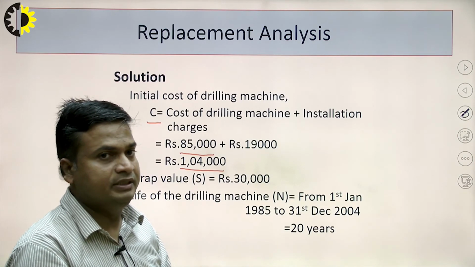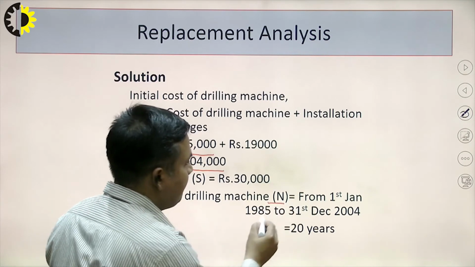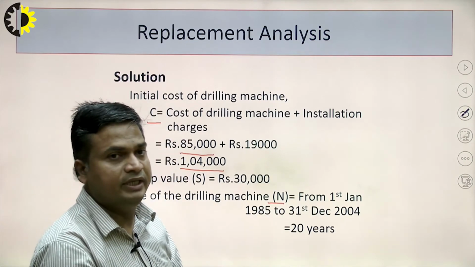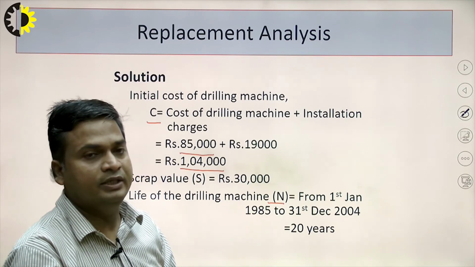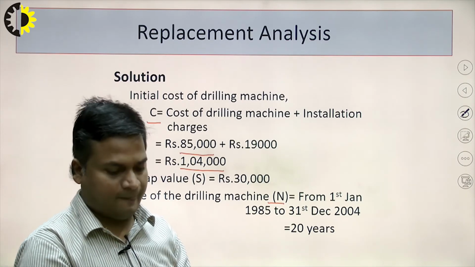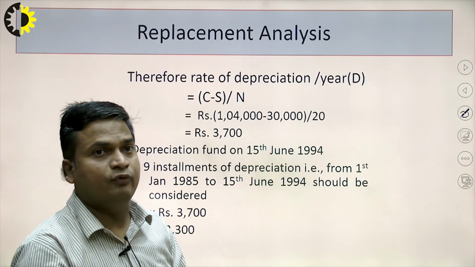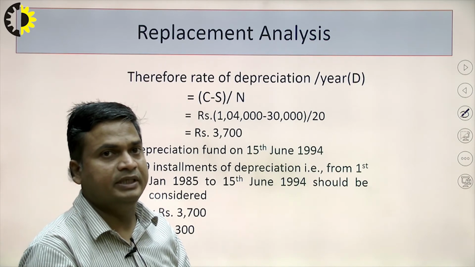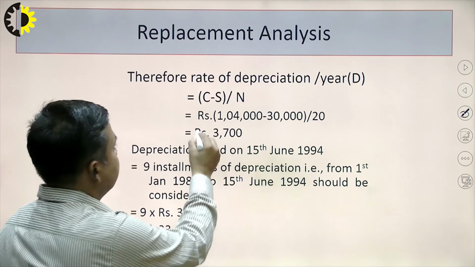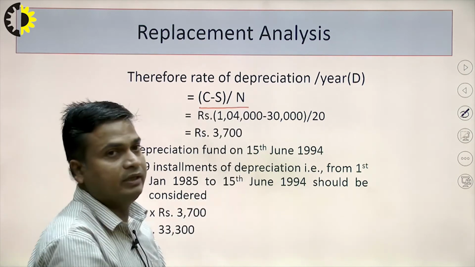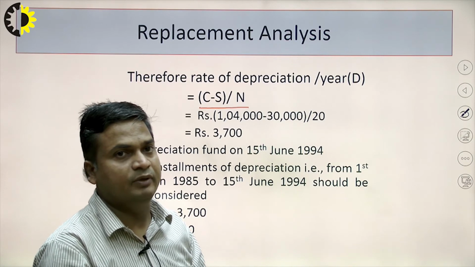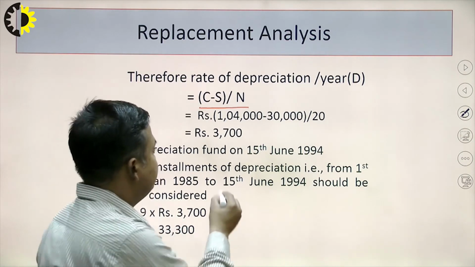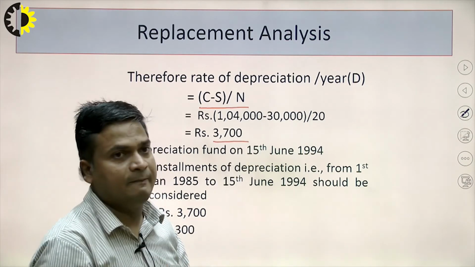Life of the drilling machine, N, from 1st January 1985 to 31st December 2004, is 20 years. Therefore, rate of depreciation per year, D equal to (C minus S) over N, is (1,04,000 minus 30,000) divided by 20, and it comes out to be rupees 3,700.